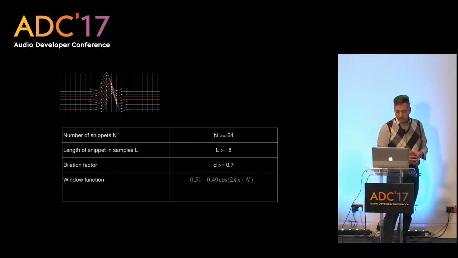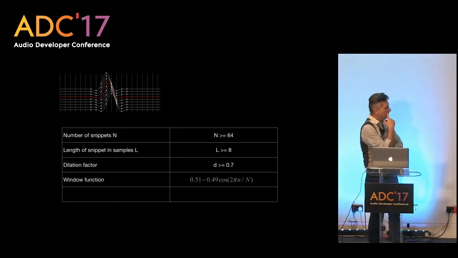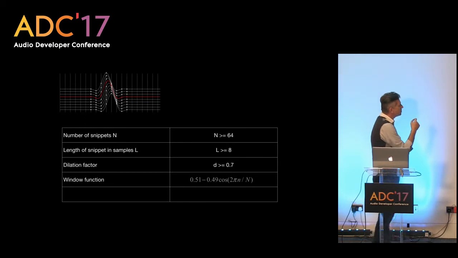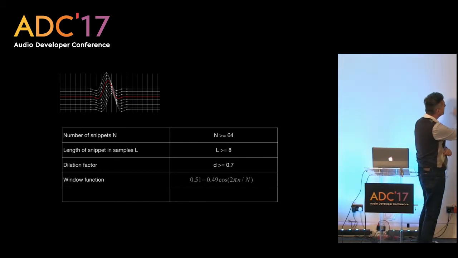Then there's the window function that you apply to get the limited time. And this window function is actually quite important because we have an integrator coming after that. We must make sure that all of these snippets have exactly the same DC value. Or if you sum up all of these, the sum should always be the same.